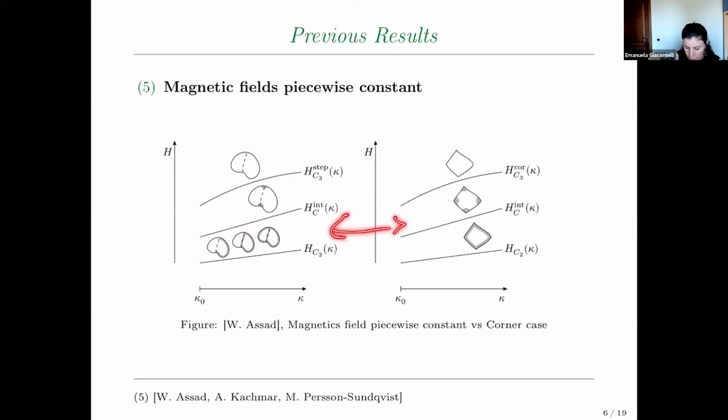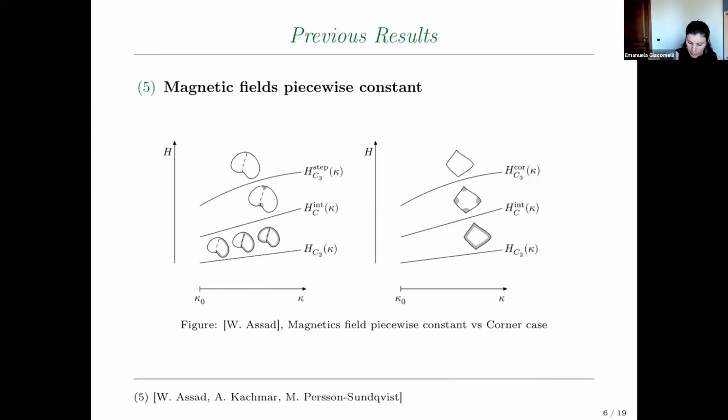This picture shows you a nice analogy with what happens with corners, because as I told you, in presence of corners, what we want to do is to show that there is superconductivity in this boundary layer, and then what is already known is that before disappearing, superconductivity concentrates close to the corners.